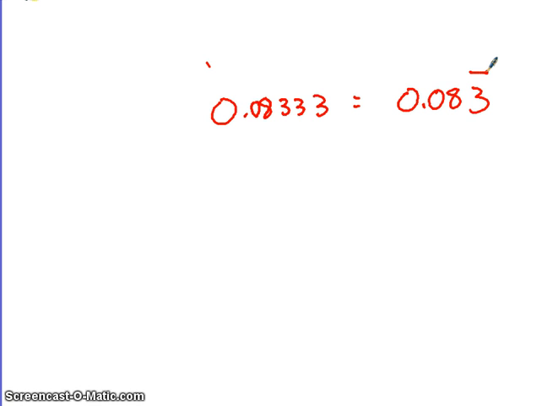Now, your book asks you to do several examples, to give you this problem here. How would you write this with the repetend? Well, you would write it just like that, the repetend over only the part that repeats.